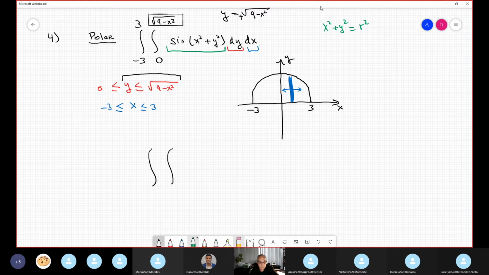When you rewrite the integrand function using polar, the x and y Cartesian variables do not participate in the game of the border. So this is sine r squared.